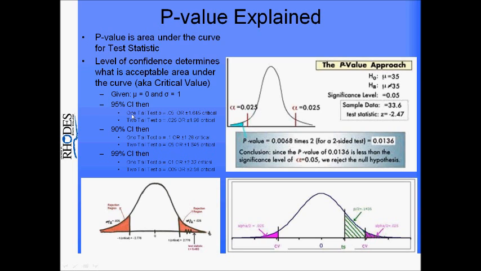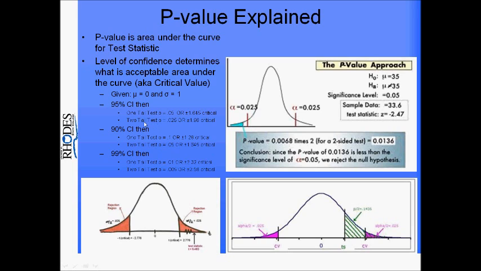If you're using a one-tailed test, in other words a left-tailed or right-tailed test where one is greater than or one is less than, that would be an alpha of 0.05. And 1.645 is the z-score for 0.05, so that test statistic would be compared to this 1.645.